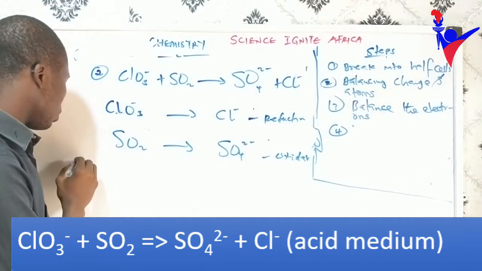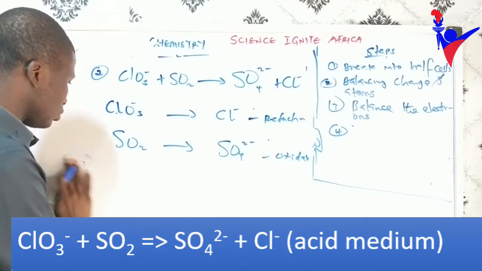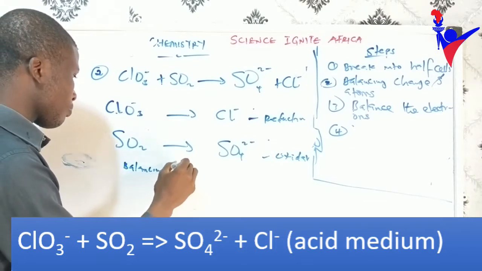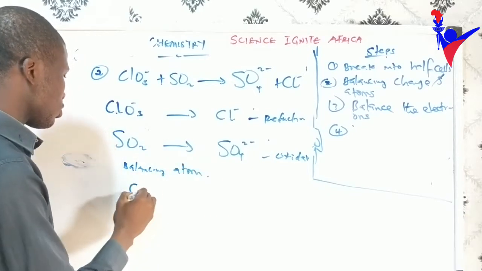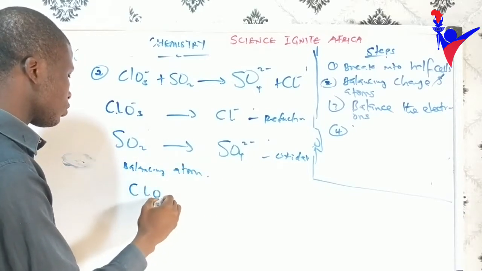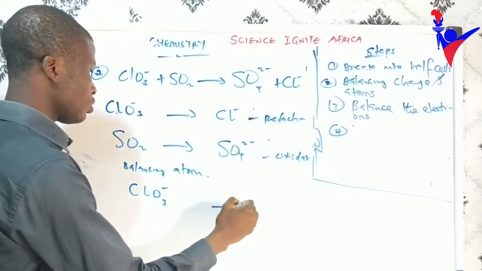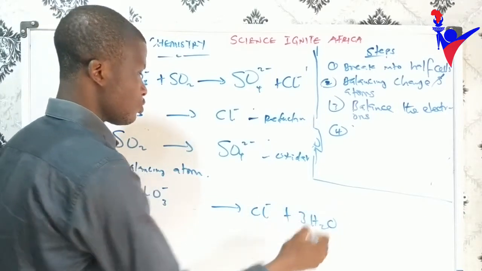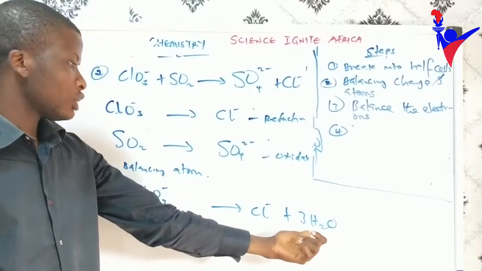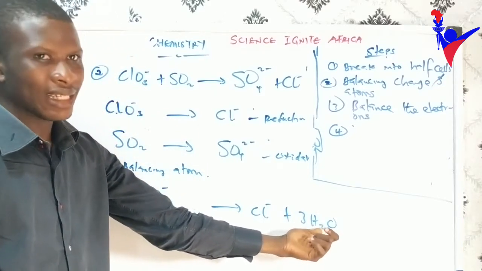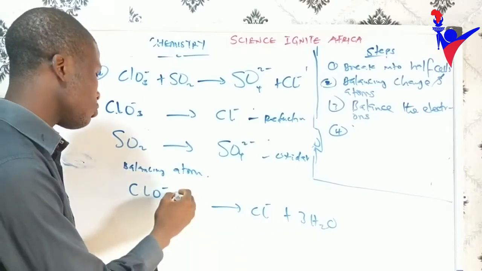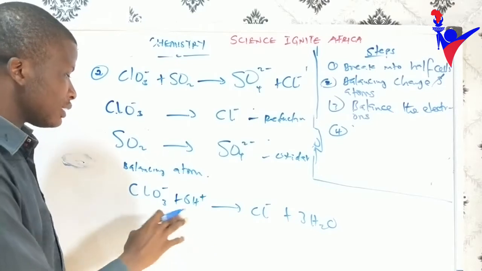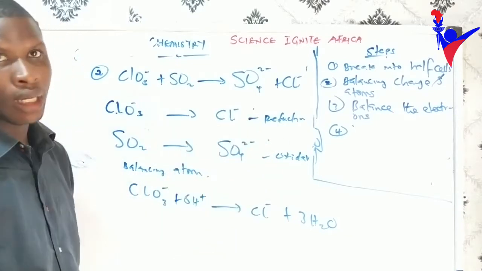So you are going to have ClO3- giving Cl- plus 3H2O. In balancing the oxygen atoms, you have added hydrogen, so balance the hydrogen also on the deficient side, and that will be plus 6H+. Let's just do everything necessary with this and go into the second half cell.